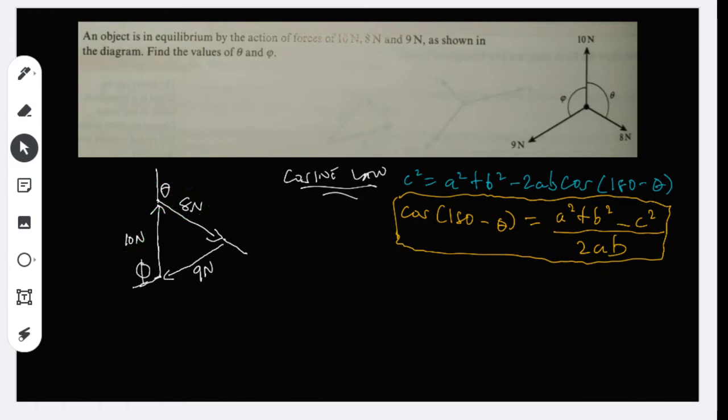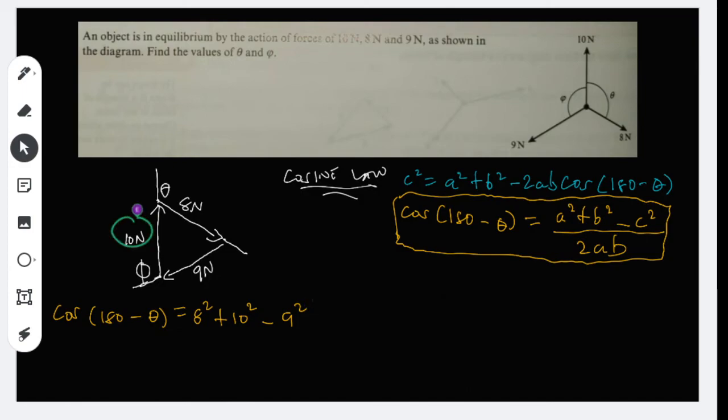If we apply the formula that we had, cosine of 180 minus theta will be equal to 8 squared plus 10 squared minus the side that is opposite the angle, which is 9 squared.